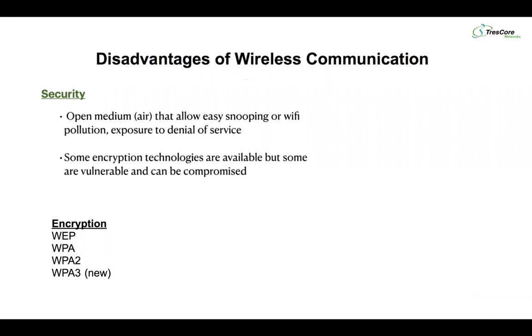So then they went to WPA2. WPA2 is what you see in most of the current setups, and it uses advanced encryption called AES, which is pretty much used by the US government and other classified networks. So it's a higher level of security than the previous two versions.